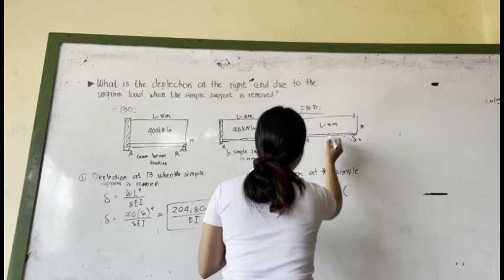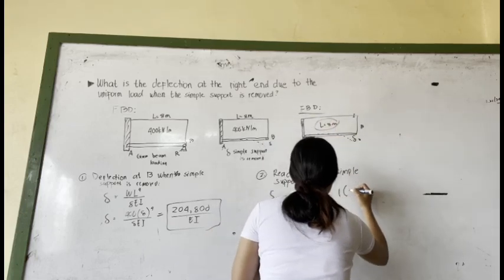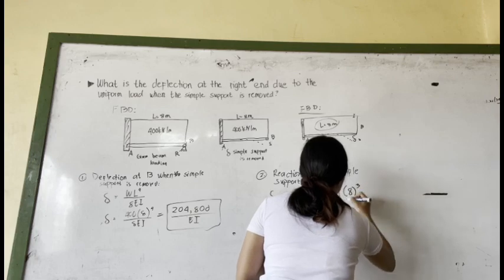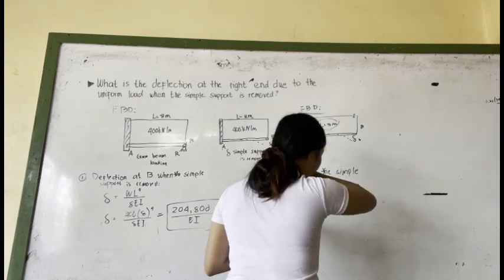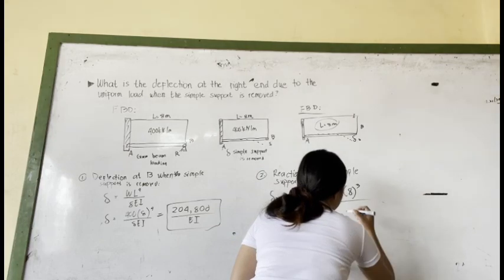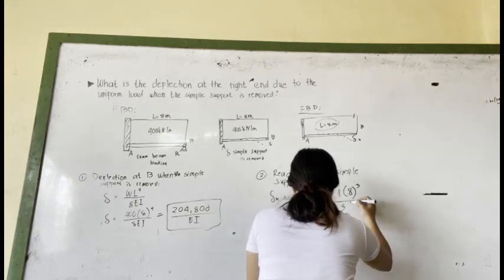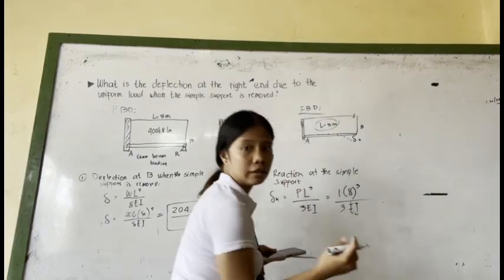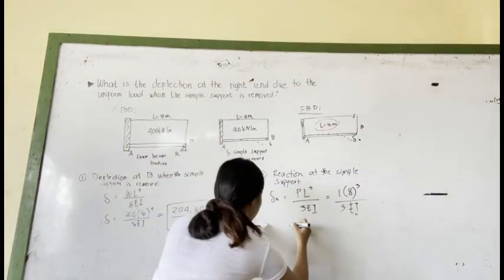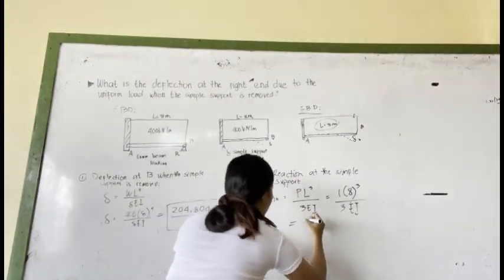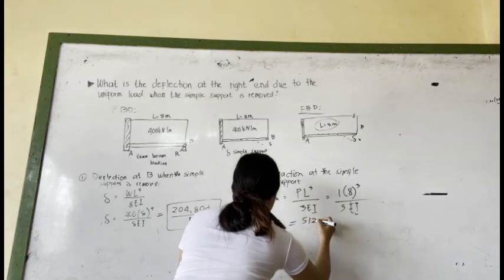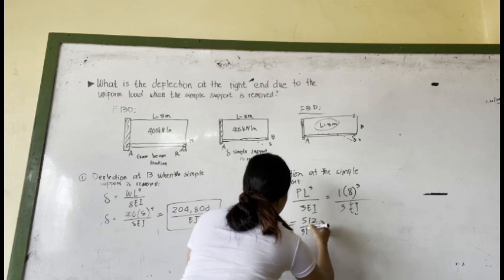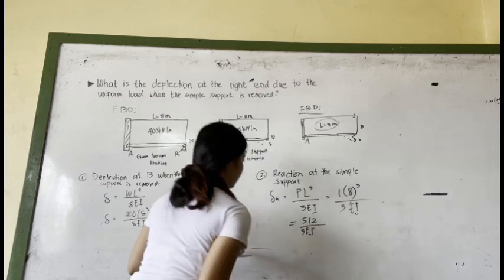Since we have a length of 8 meters, we will raise it to the power of 3, over 3EI. So when we calculate this, it will result to 512 over 3EI.